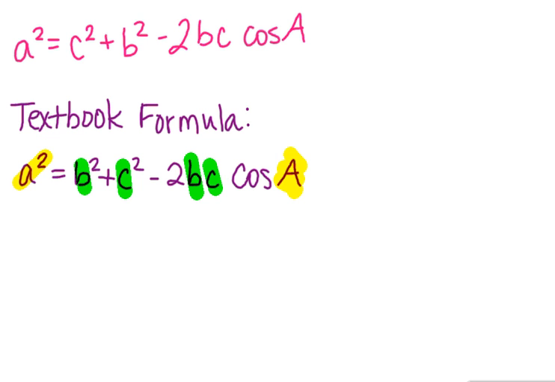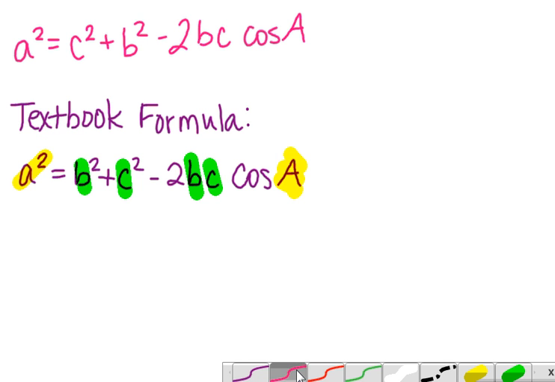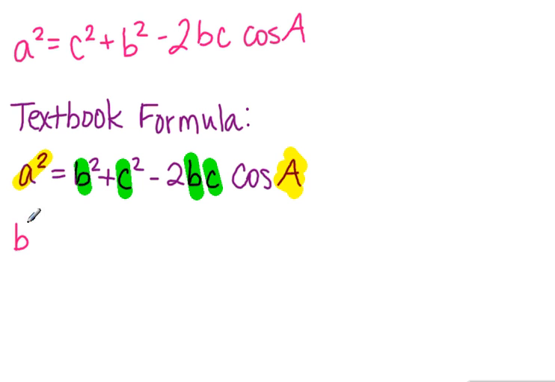So if you want the other versions, say if you have b squared, you're going to switch it out. So it's going to be a squared plus c squared minus 2ac cosine B.